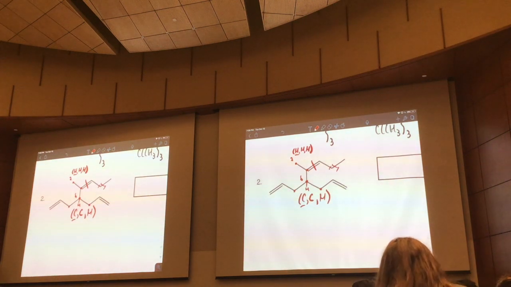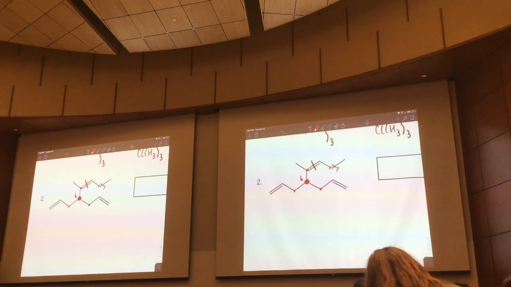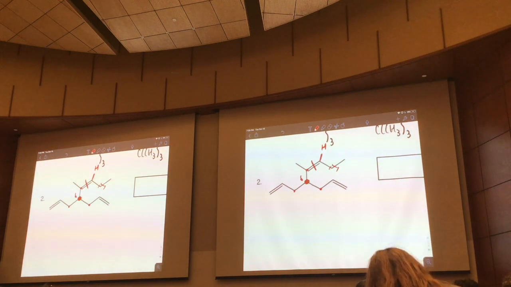Carbon B. Yep. I'm going to erase some of this. So carbon B, I'm going to label that real big. Now, let's look at the other side. We have a hydrogen and then some carbons. Which one has higher priority? The carbon. Yep, carbon's going to win. So that is the one we need to take care of.